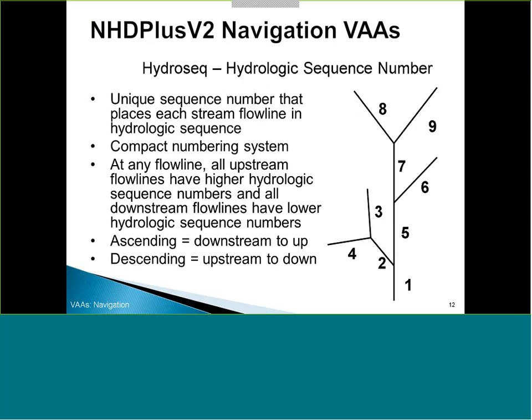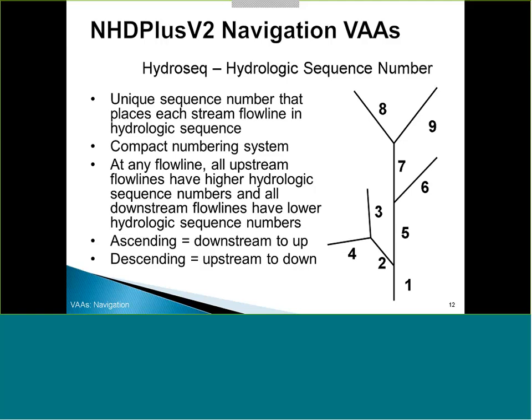Hydrologic sequence is another Reach File version 1 concept. It is a unique national number that puts the flow lines in upstream to downstream order so that you can process them tabularly with a program, sort them on HydroSeq. If you sort descending, you're going from upstream to downstream. If you sort ascending, you're going from downstream to upstream.